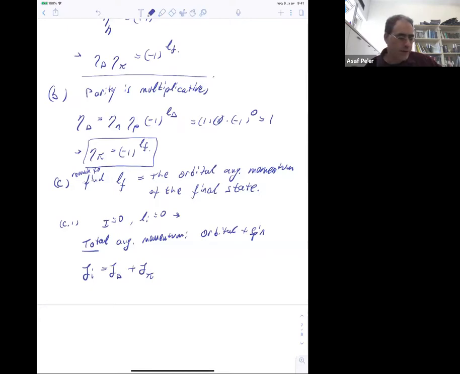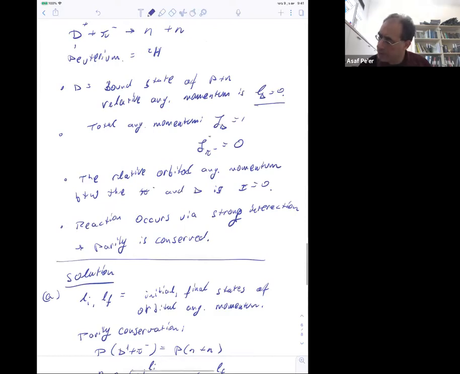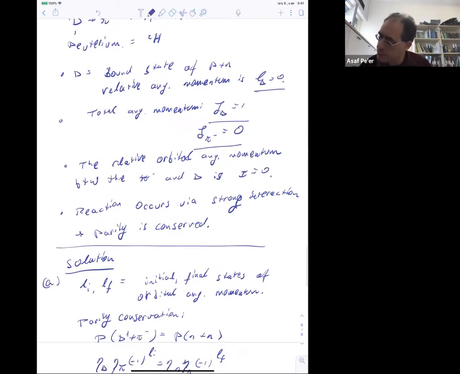JD is equal to 1, J pion is 0, and the relative angular momentum between them is also 0.